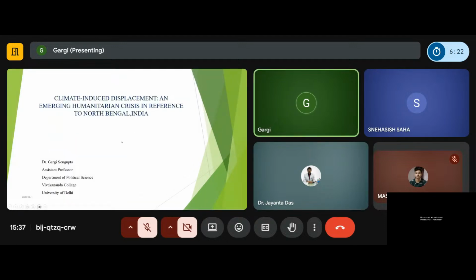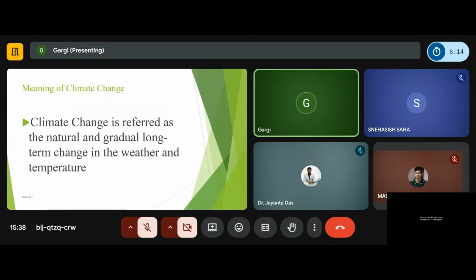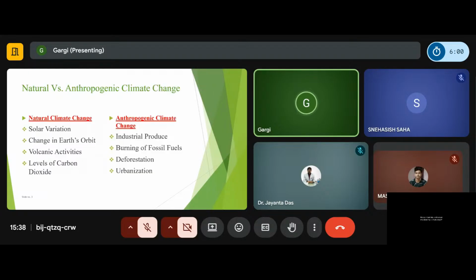So, good afternoon, everyone. The title of my paper is Climate Induced Displacement and Emerging Humanitarian Crisis in reference to North Bengal, India. One of the greatest challenges of present time, nationally and globally, is the unpredictable and peculiar nature of climate change. Climate change is often referred to as the natural, gradual, long term change in weather and temperature.